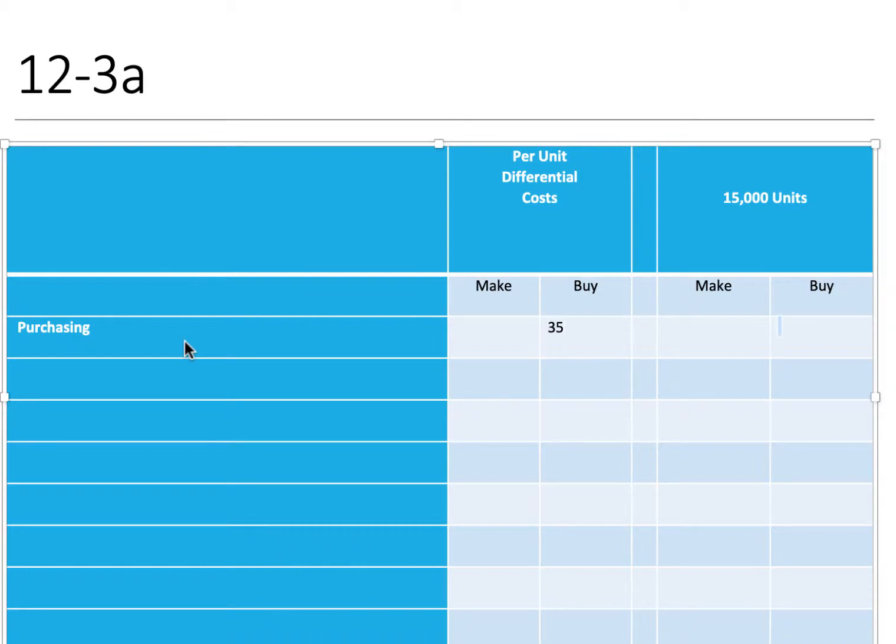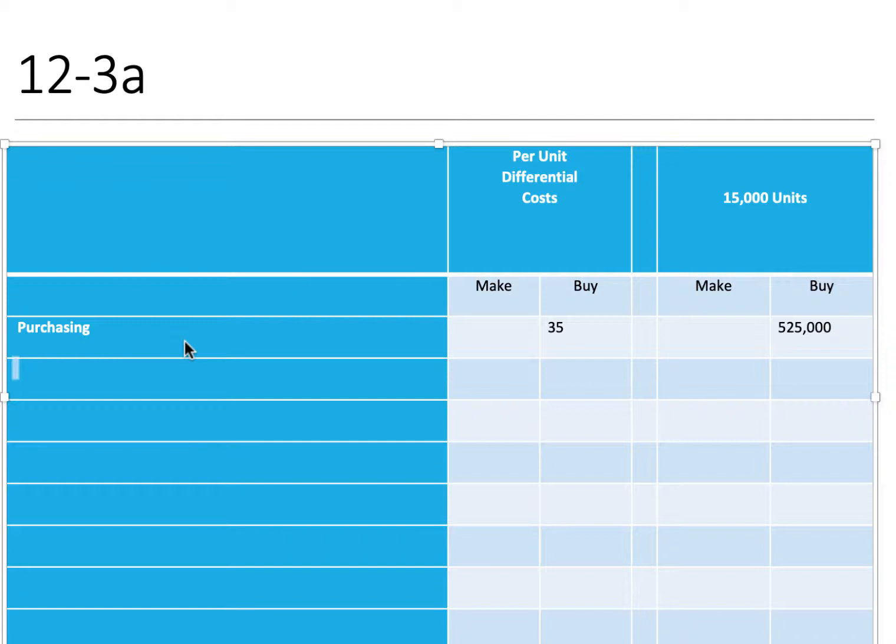However, in total, it's going to cost us $525,000. Now we can look at the costs that we're going to incur if we make it versus what we're going to save if we, obviously, buy it.